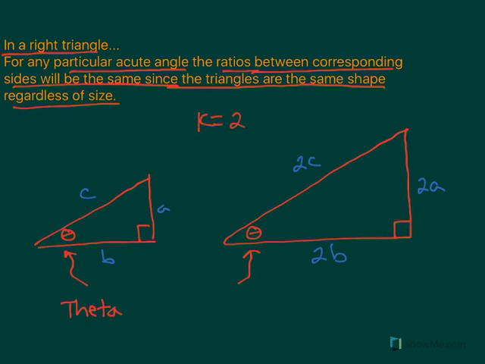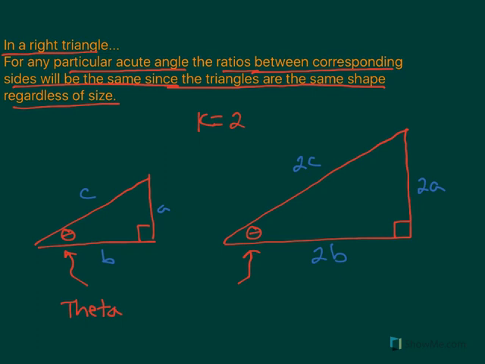And this gives us a situation where it's going to be predictable. As long as we know the angle in a right triangle, we know what trig ratio it has to follow for that particular angle. And that's going to help us fill in missing sides and solve for missing sides when we're dealing with right triangles.